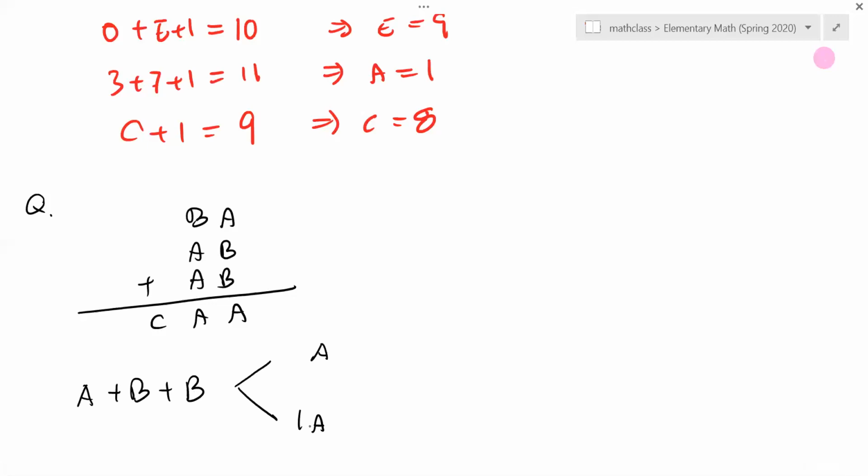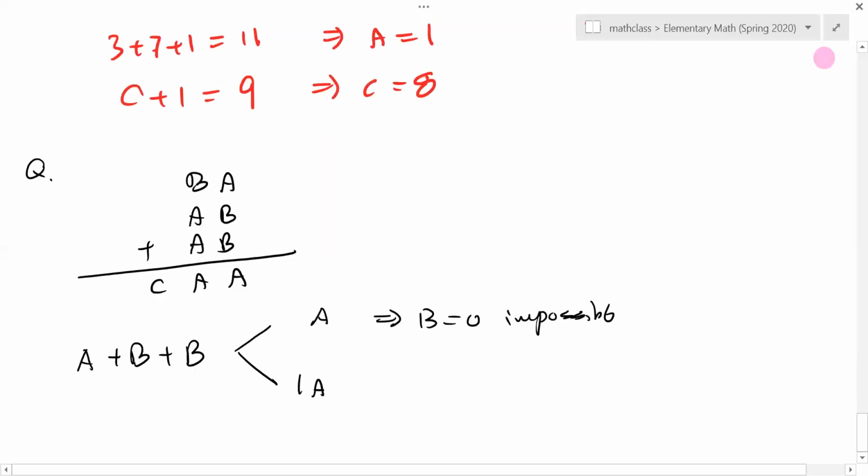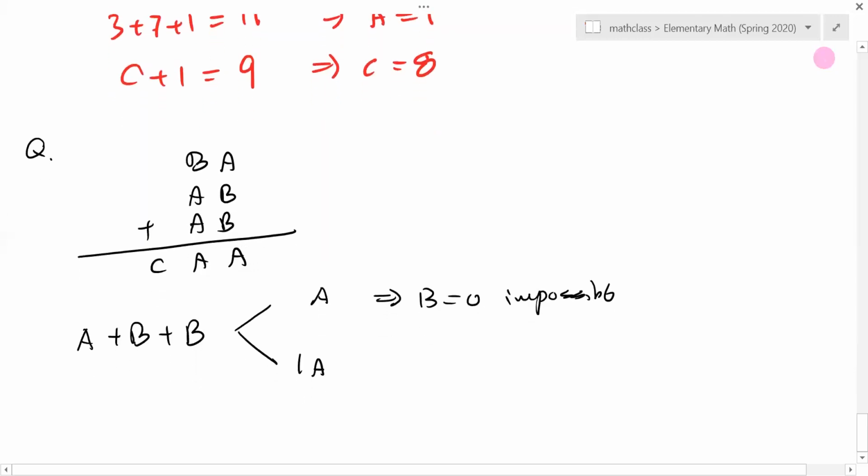Then you get a digit. But if it's the first case, A plus B still gets digit A, then that implies B is 0. It's impossible, because B cannot be 0 as this is a two-digit number. So the only possible case is this one, okay?